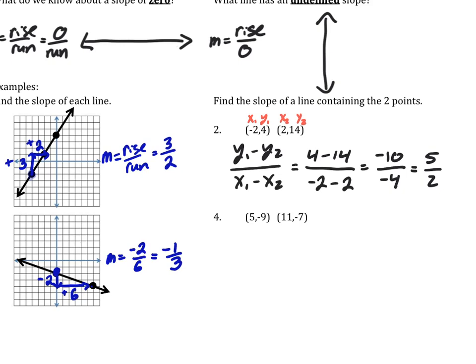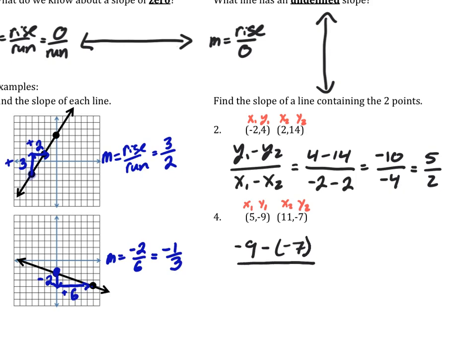All right, doing another one. So again, we want to label our first point x1, y1, and our second point x2, y2, and then plug them into our formula. So we would have -9 minus -7. So be very careful here. You have to have both of those, both the subtraction and the negative on the 7. Don't lose one of them.